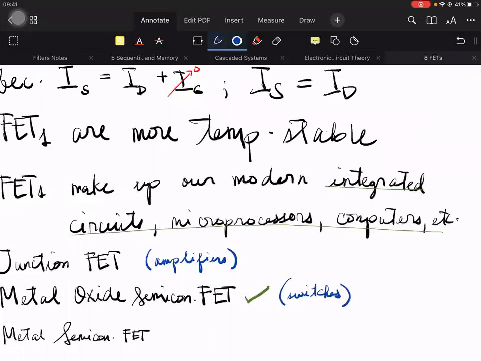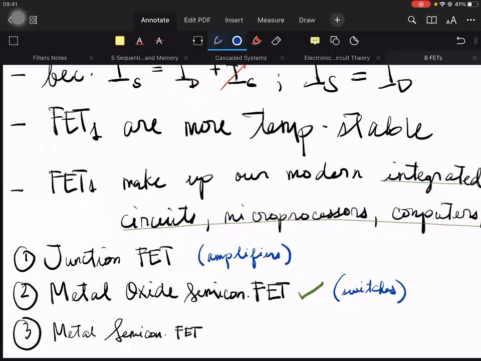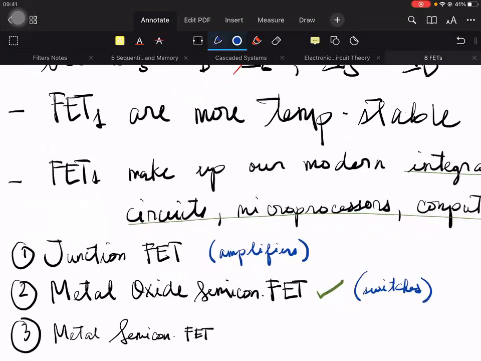If we could remember, computers work with ones and zeros, which is just a shorthand for on and off ng mga computers, di ba? 1-0, digital, on-off. So basically, switch naman ang atong computer. And because MOSFETs are more useful as switches, that's why computers and microprocessors are made up of MOSFETs.